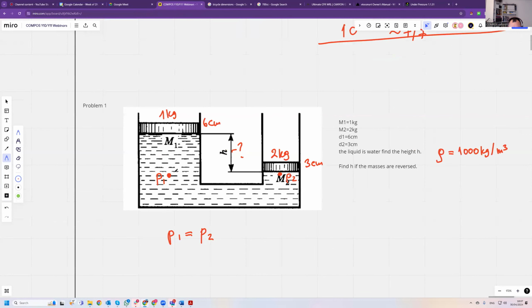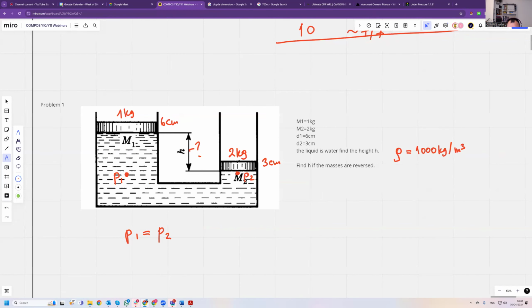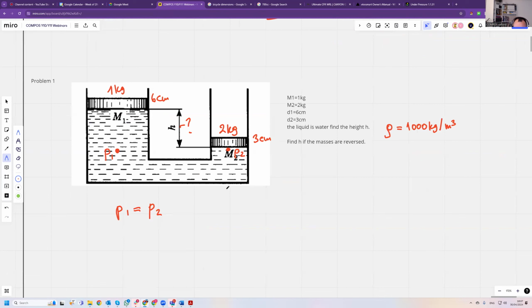Now, the pressure at P1 and the pressure at P2 is the same. So what produces that pressure? Above P2, the only thing that is producing the pressure is that piston. So we can say that P2 is equal to the force, which is mg, so M2G, divided by the area A2.